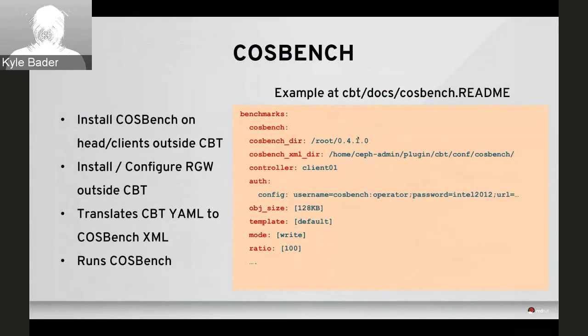Basically, what the COSBENCH driver does is translate the CBT YAML to the COSBENCH XML, and then run the COSBENCH drivers using the command line tools. If you're not so familiar with COSBENCH, or if you want to run COSBENCH within CBT, this is a way to do that.